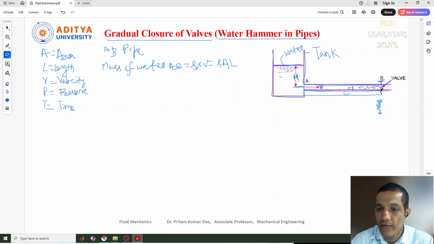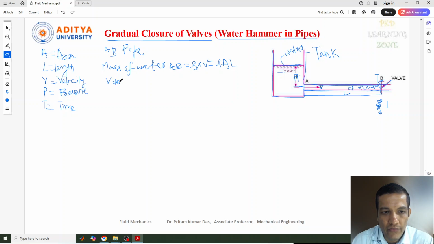Let's think that the valve is initially fully open, so some velocity V is flowing through the pipe. When the valve is slowly fully closed, the velocity is going to be 0.